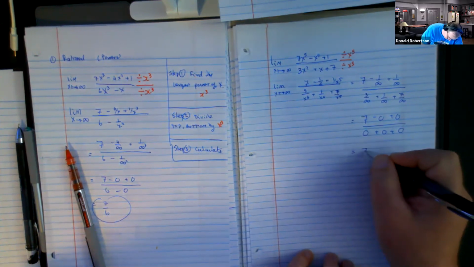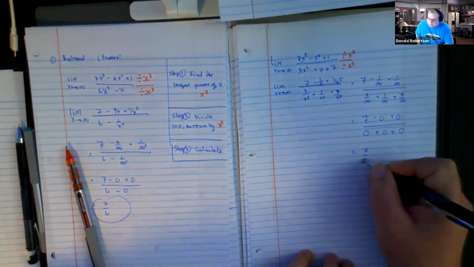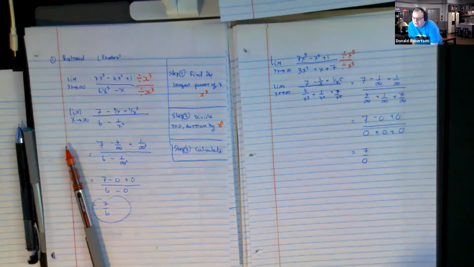Which means we now have, at the end of the day, 7 over 0, and that is not equal to 0. You used to call that undefined. We're not going to call it undefined. We're actually going to find out what it is.